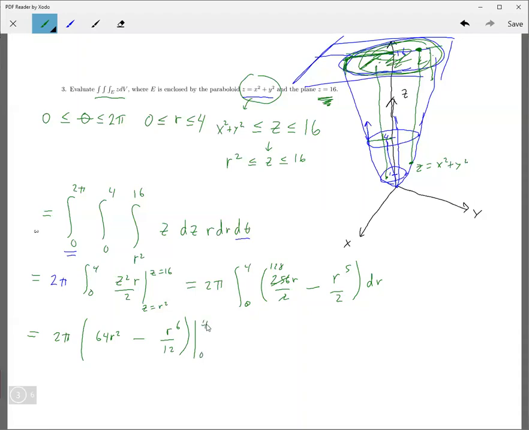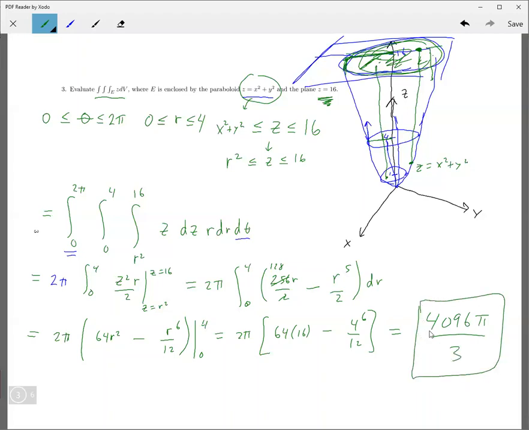Put a 4 in, and that's 64 times 16 minus 4 to the 6th over 12. And that works out to be 4,096 pi over 3. Okay, great. Any questions on that one?